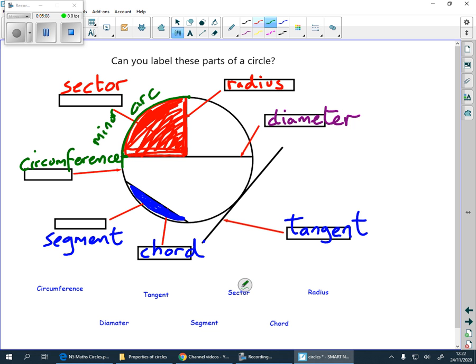If it's a large one, the other side of the circle, all the way around to there, we call it the major arc. These are very useful when we get further into circle theory. At the moment, we're just dealing with the basic shape information.